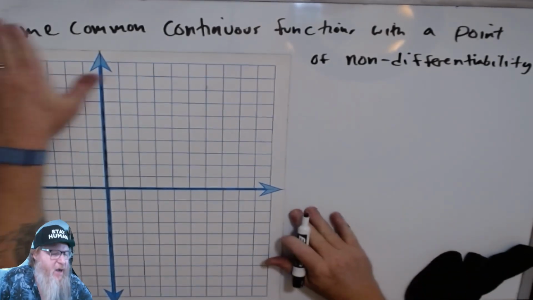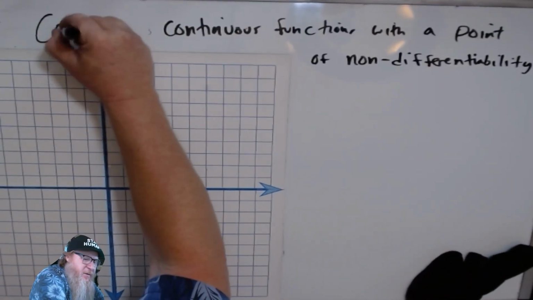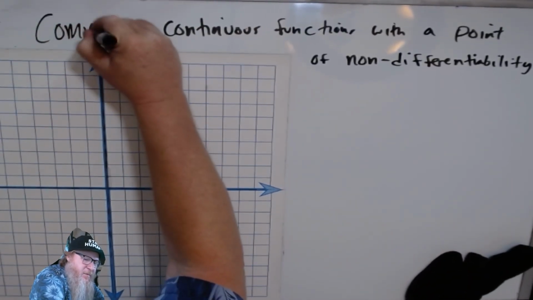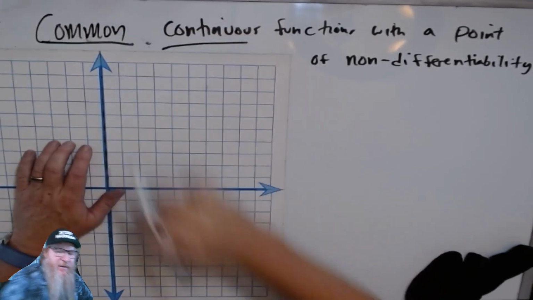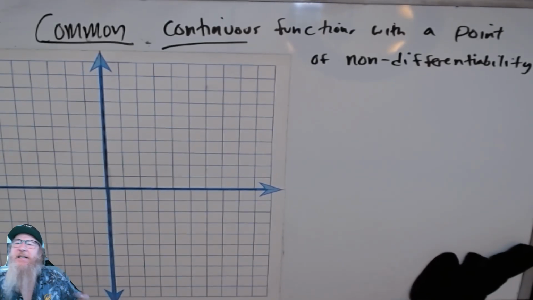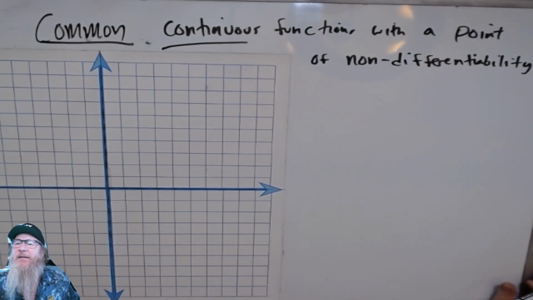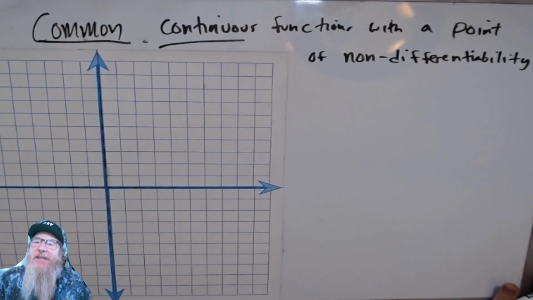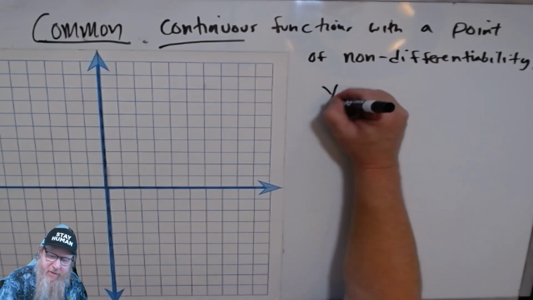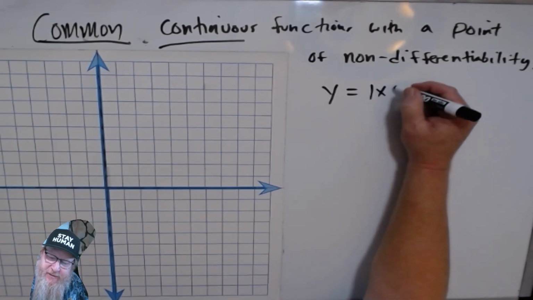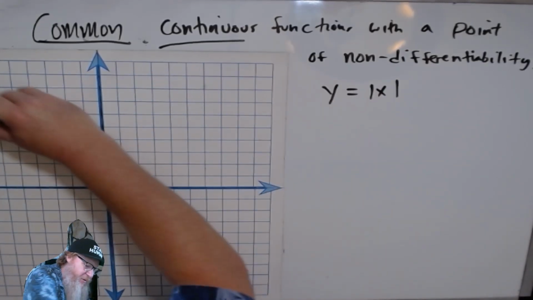So there are some common continuous functions that you've seen in algebra class, and you'll also see them again in this class, that have a point of non-differentiability. One of them is pretty obvious, the absolute value function.